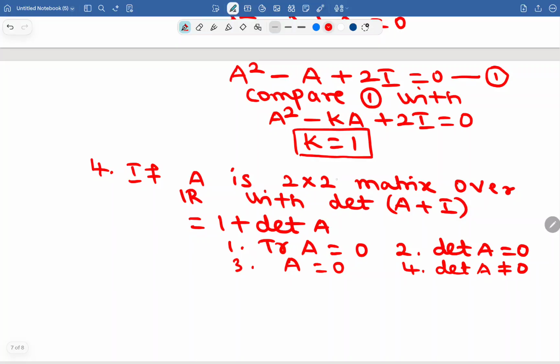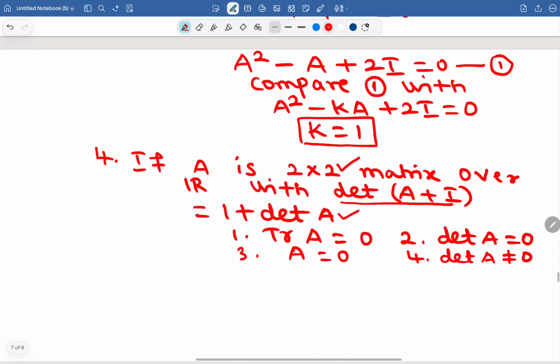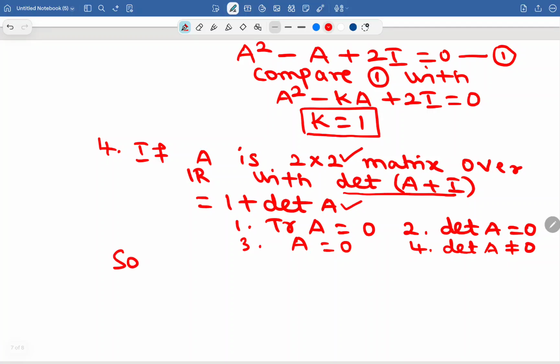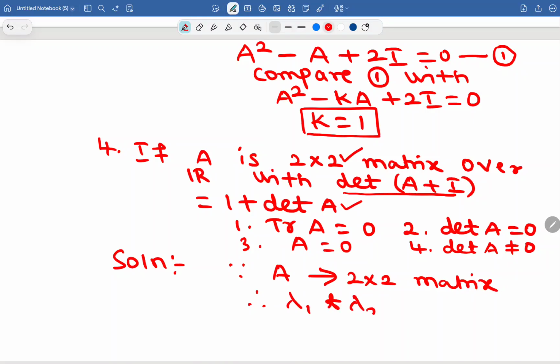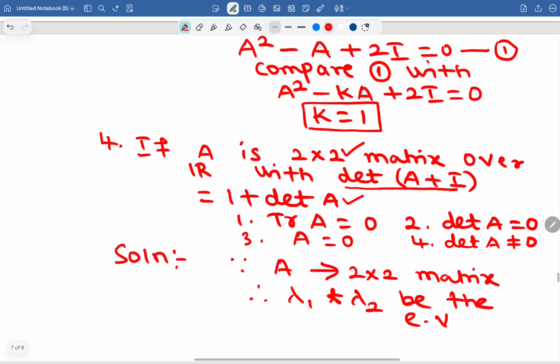What is given? A is a 2 cross 2 matrix with determinant of A plus I equal to 1 plus determinant A. We have to check which option is the correct option for this problem. Solution. Since A is a 2 cross 2 matrix, therefore lambda 1, lambda 2 be the eigenvalues.